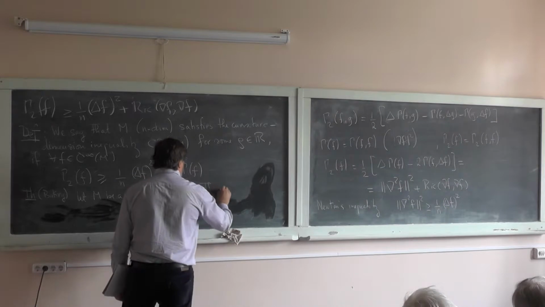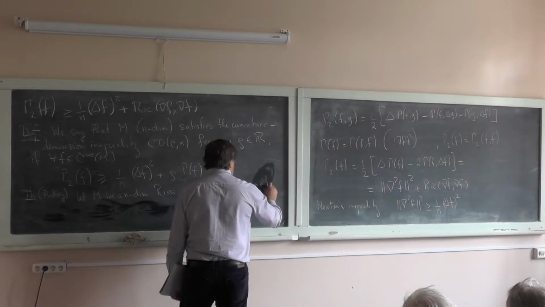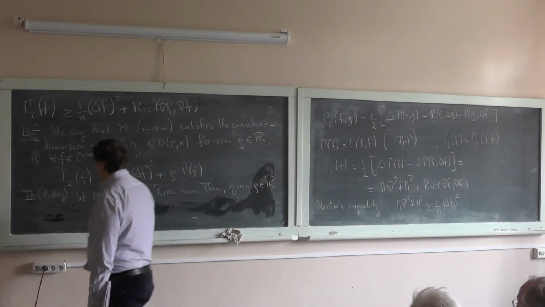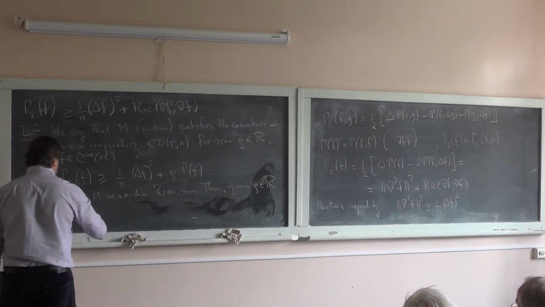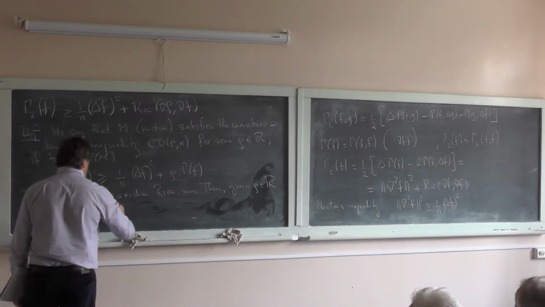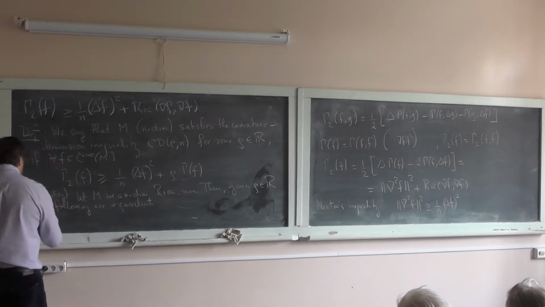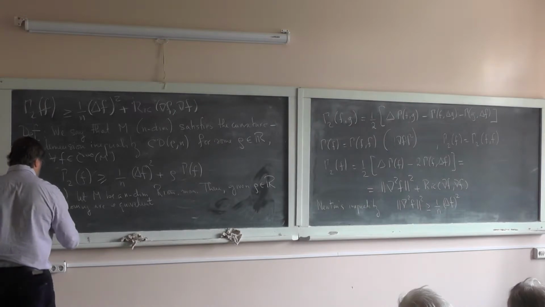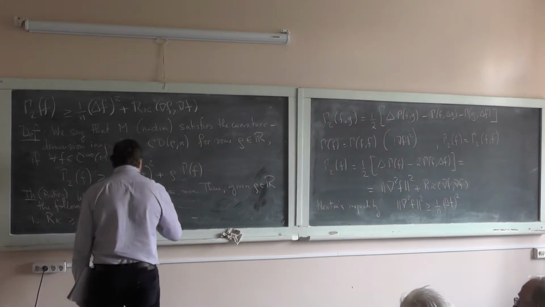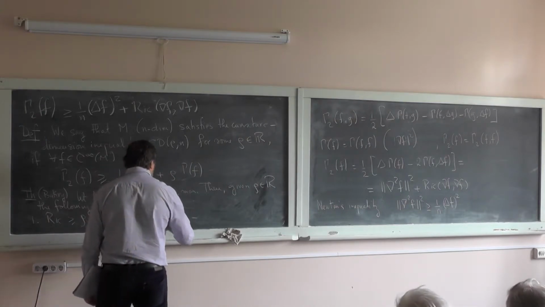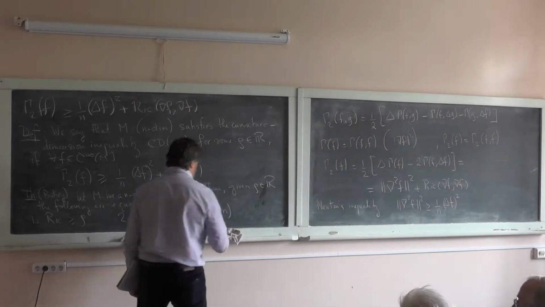Then, given a real number rho, the following are equivalent. 1, Ricci is bigger than or equal to rho. 2, M satisfies CD(rho, n).